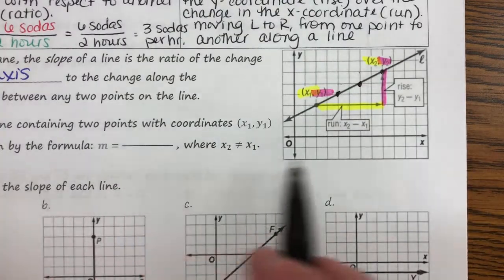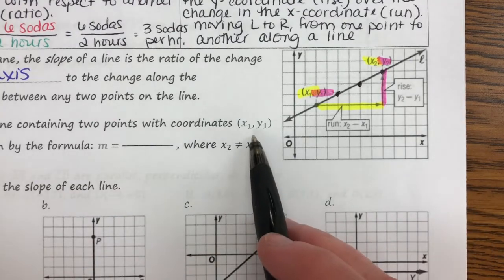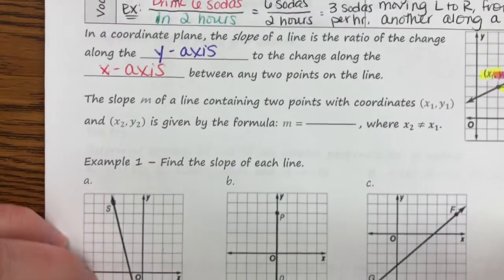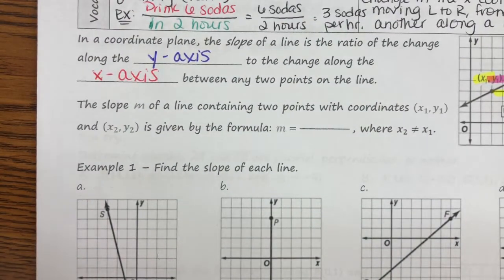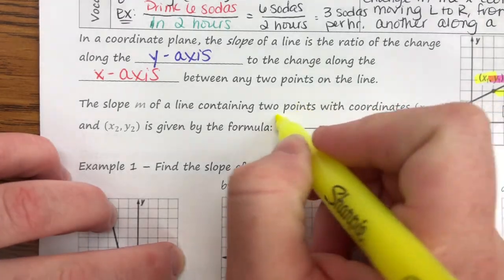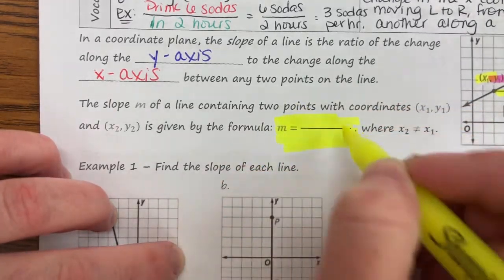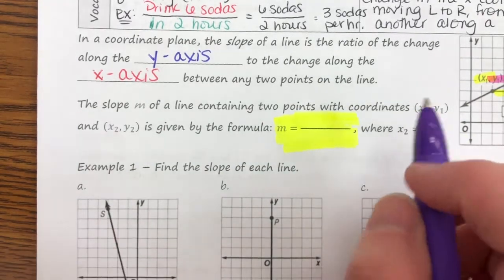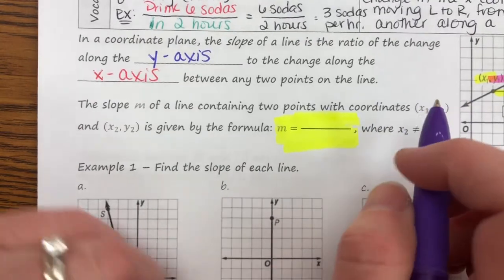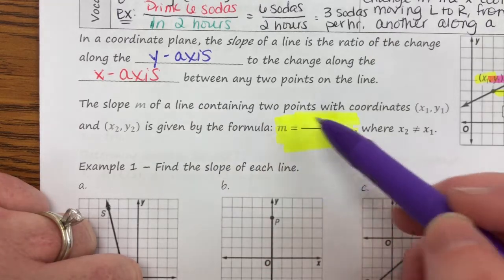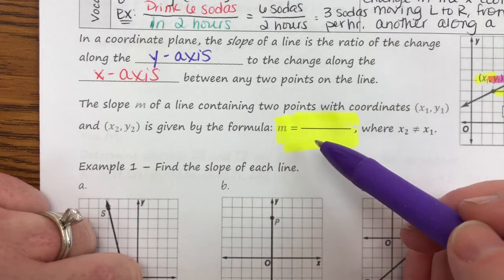The slope of a line containing 2 points with coordinates x1, y1 and x2, y2 is given by the formula. Okay, I want to highlight this. I want you guys to know, and we've already gone over this a little bit this year, but the order of the x's and y's does not matter. I'll say it again. The order of the x's and the y's does not matter. The thing that matters is whatever order you do y in on top, you have to do x in the same order on the bottom.